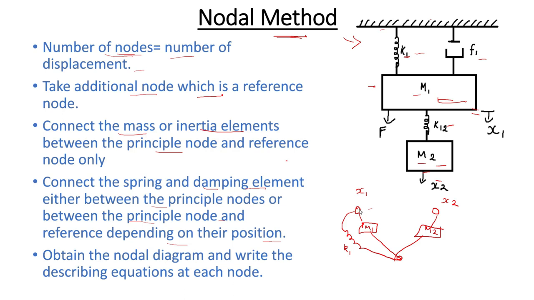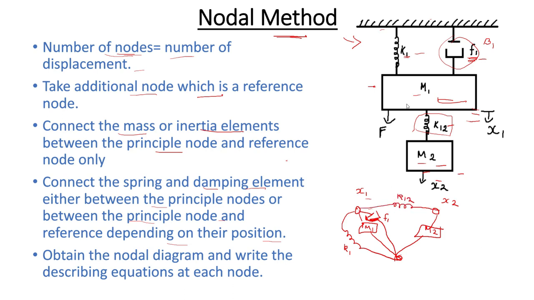Similarly, we will draw F1, which is between mass M1 and the reference, so this is your F1, between x1 and the reference. It can be denoted by B1 or by small f1; both are the same. It is a damper or frictional element. The last element is K12, which is between these two displacements, so we will write it here.